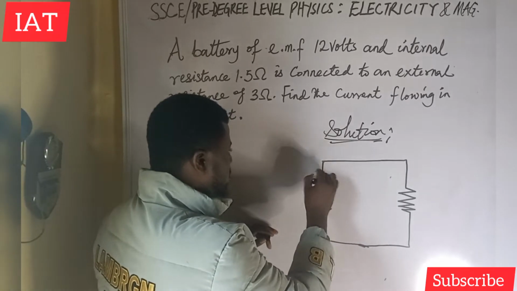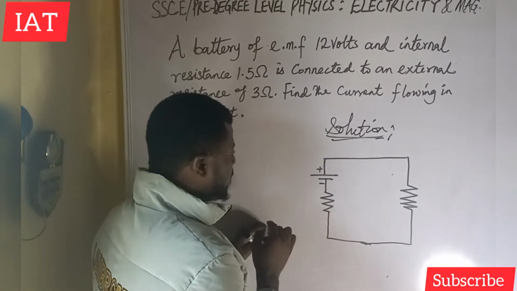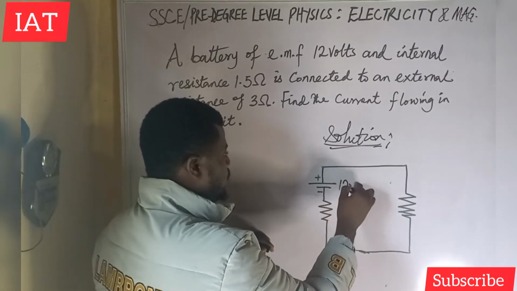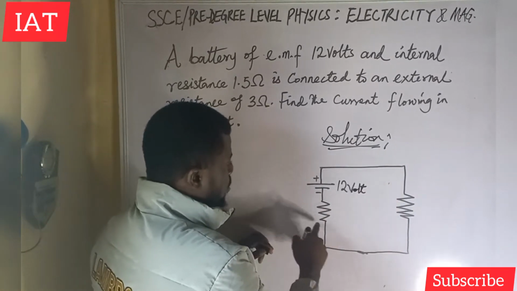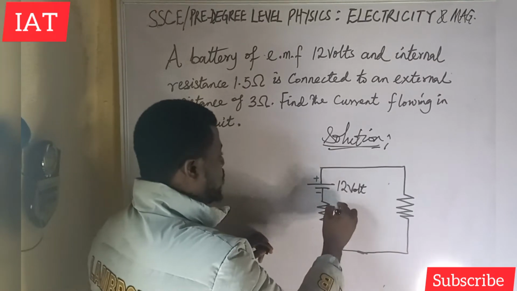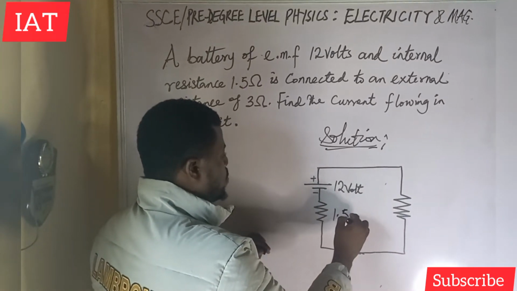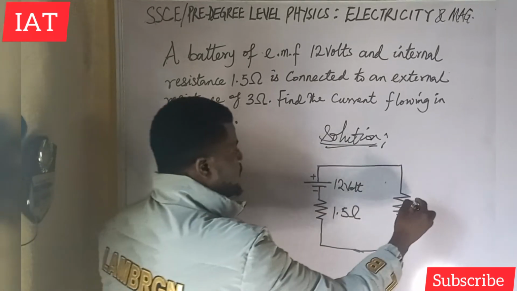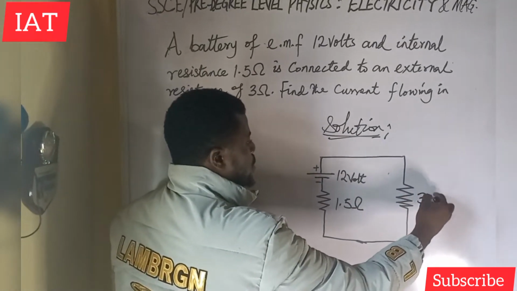So if this is positive and this is negative, and the battery has 12 volts, the internal resistance is 1.5 ohms. And then it's connected to the external resistance that has 3 ohms.